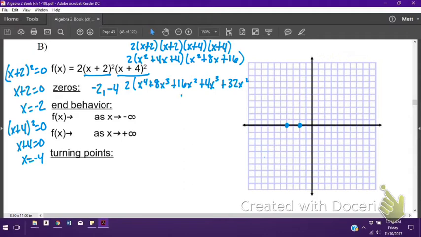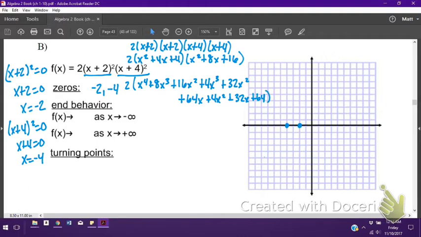Okay, so I kind of ran out of a lot of room there, so I'm going to do it down here. And then I know I'm going to take the last part. Right, so 4x squared plus 32x plus 64. Right?